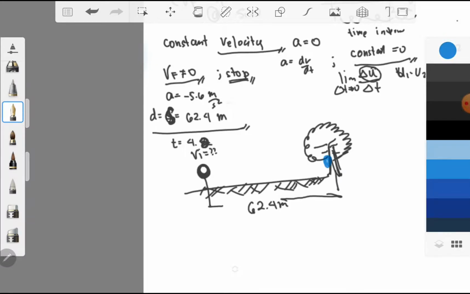Okay? Considering that VF is not equal to 0 because it does not have the word stop. It continues. And take note that the interval of time until it hits the tree is equal to 4.2 seconds. Okay?